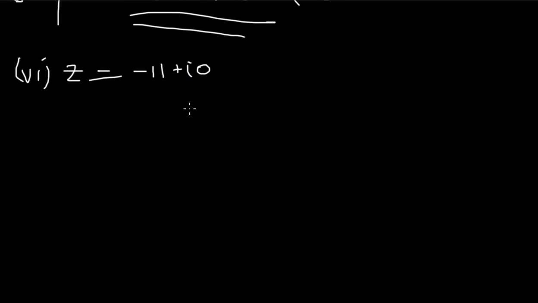Now first of all you find r. When you find r, r will be the square root of negative 11 squared plus 0 squared. When you calculate that, you find your answer to be positive 11. Then you find your argument.